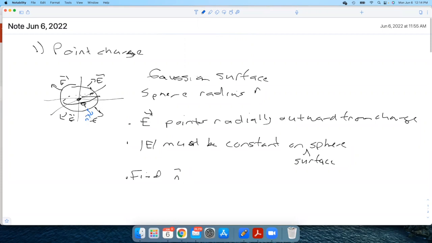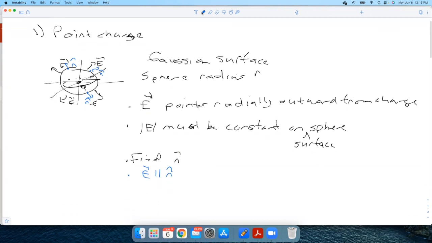Hey, that's the same direction I drew E in. So next we note my E vectors are all parallel with my normal vectors. That's an n hat I'm drawing there. Those are all important.